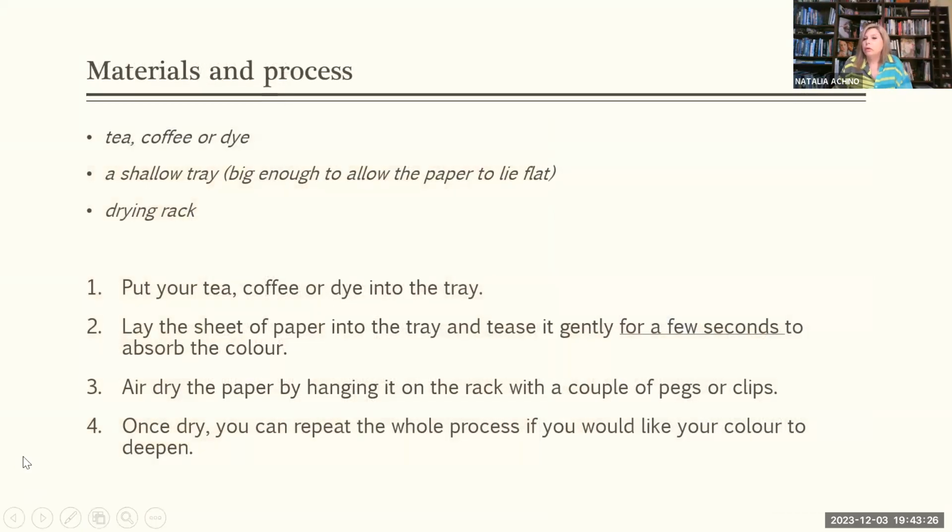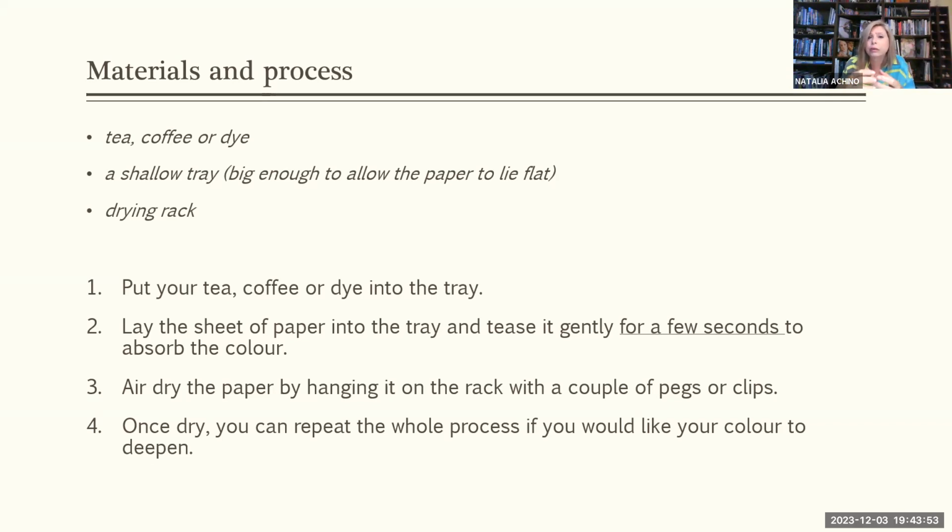What do we need in order to dye paper? We need tea, any kind of tea. You can use herbal teas, but they have to be staining. So that's what is important. Use black tea if you want an aged look, or if you want a very subtle effect, you can use berry teas that are very staining.